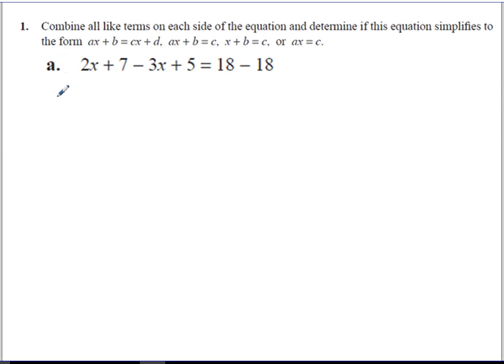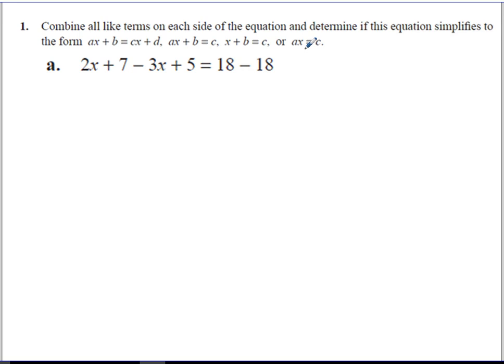So for our first example, they want us to solve the equations using these principles when necessary, and then we need to determine if we get ax plus b equals cx plus d, so variables on both sides, maybe just ax plus b equals c, so a variable plus a constant equals another constant, whether just x plus b equals c, where there's no coefficient in front of our x, or just a times x equals c, where there's no constant being added.